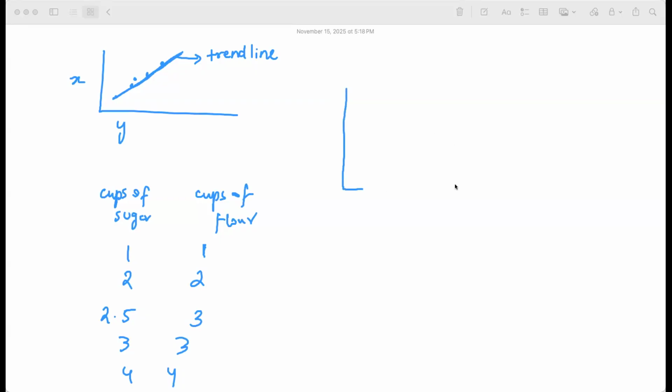Now, let's say I am going to plot latitude numbers on my x-axis and average annual temperature on the y-axis. I am getting points like this.